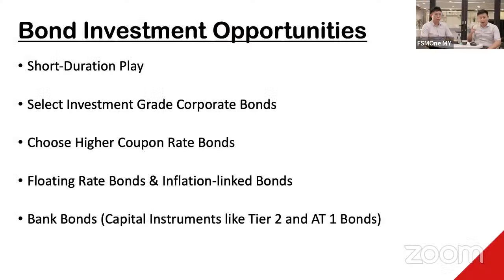And for higher coupon bonds, let's take a look at the slides again. Why do we choose that? It is because higher coupon bonds act as a cushion. With a higher coupon, the sensitivity to an interest rate hike is lower. Imagine you have a bond giving you a 3% coupon and another giving you a 5% coupon.